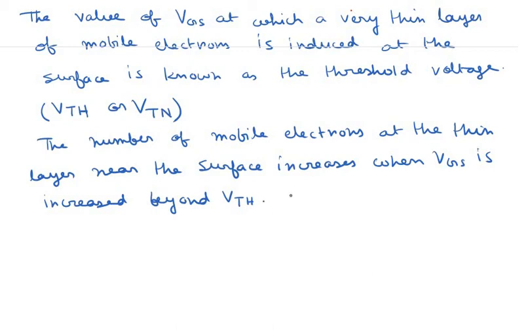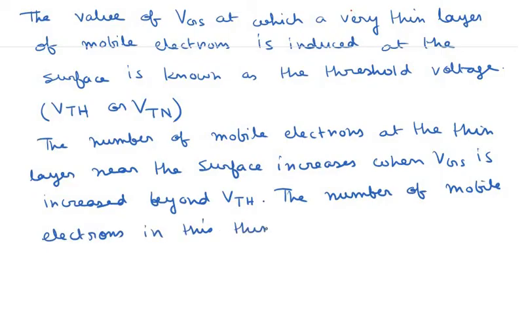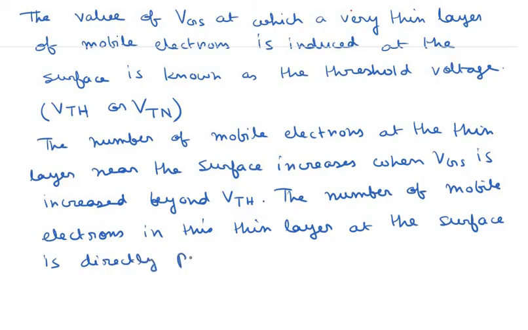And the number of mobile electrons in this thin layer at the surface is directly proportional to VGS minus VTH.